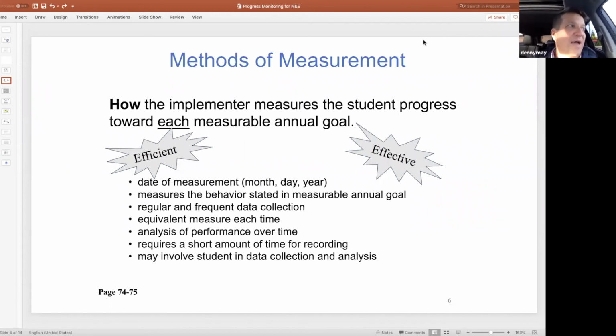If you don't have the baseline correct, and you don't have a consistent method of measurement, then you're going to have data that's not adequate or valid, and so it's not going to be effective for your instructional change. It's going to help you determine whether or not the child is in fact making progress within that IEP cycle.